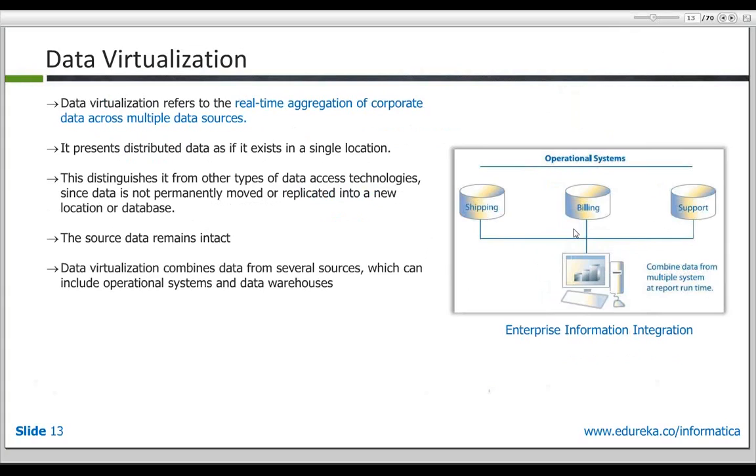We are directly doing it, and on the fly we are integrating the data, doing the aggregation and producing the results in the reports itself. That is called data virtualization. Again, it is not possible for the bigger organization, but yes, for the smaller organization, companies do go for it because it requires a less cost.